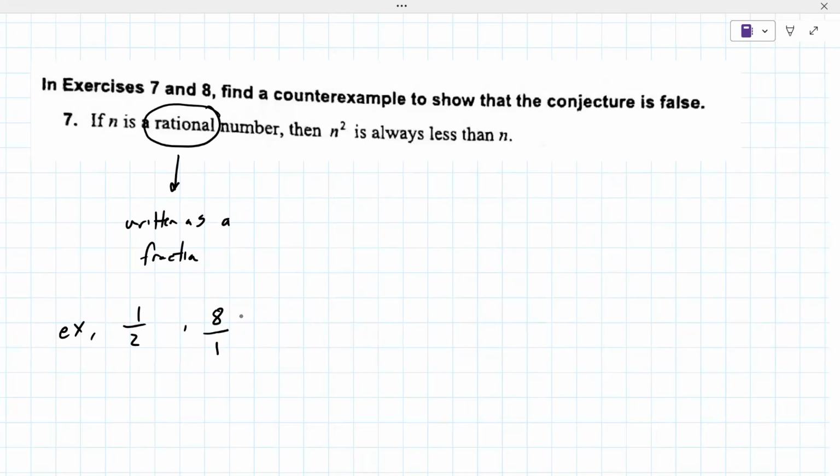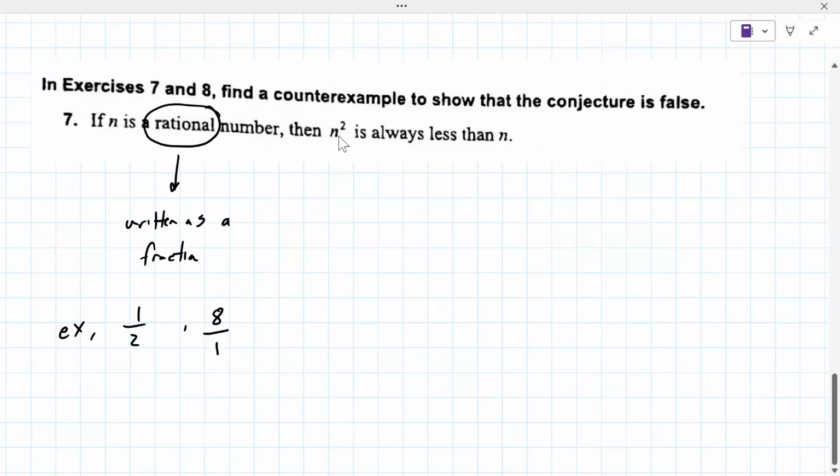So a rational number is a fraction, or it could be a number, but it can always be written as a fraction. Now they're saying if a number is a rational number, like these examples, then n squared is always less than n.